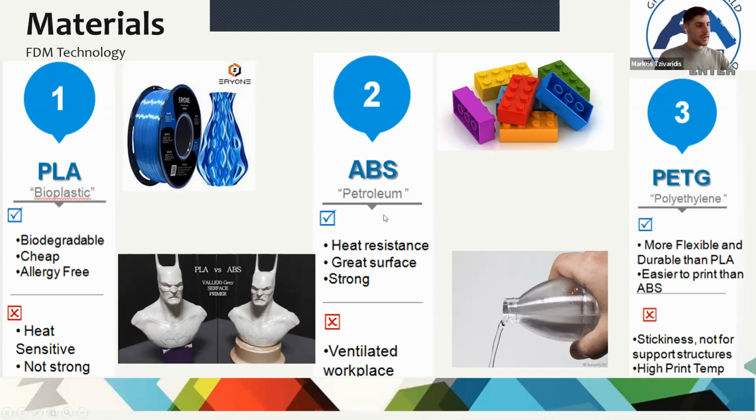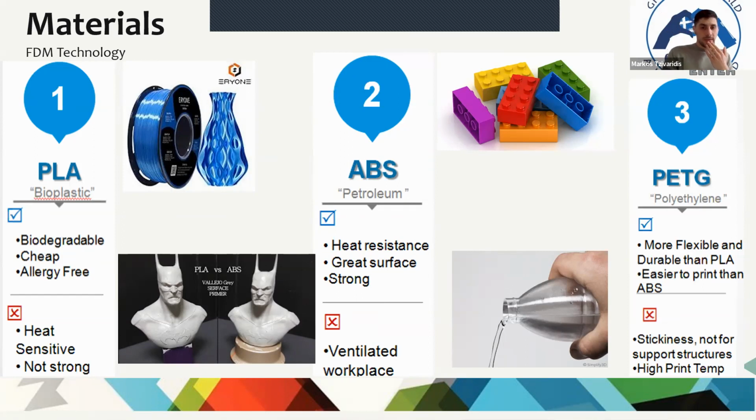The next one is ABS. ABS is a common thermoplastic polymer, typically used for injection molding applications, and it is popular due to its low production costs and ease with which the material is machined by plastic manufacturers. That's why, of course, they use it in molding applications.